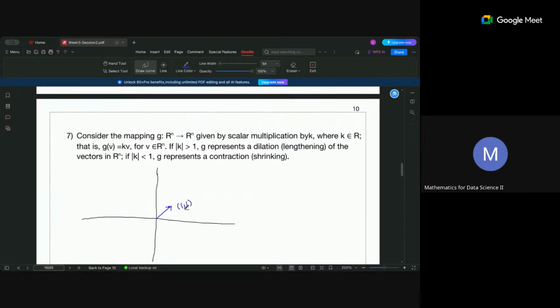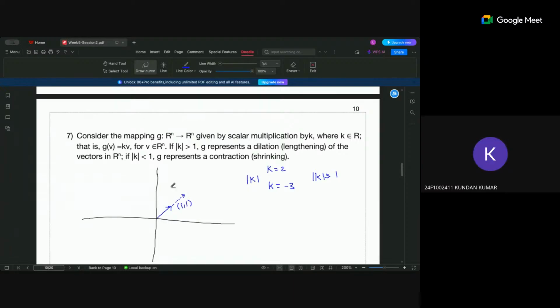So if you take any value such that mod k is greater than 1, for example, if you take k equal to 2 or k equal to minus 3, you see that mod k is greater than 1. So in this case, what happens? The vector gets elongated, right? For k equal to 2 it is elongating. For k equal to minus 3 it is also stretching, but in the other direction, right?